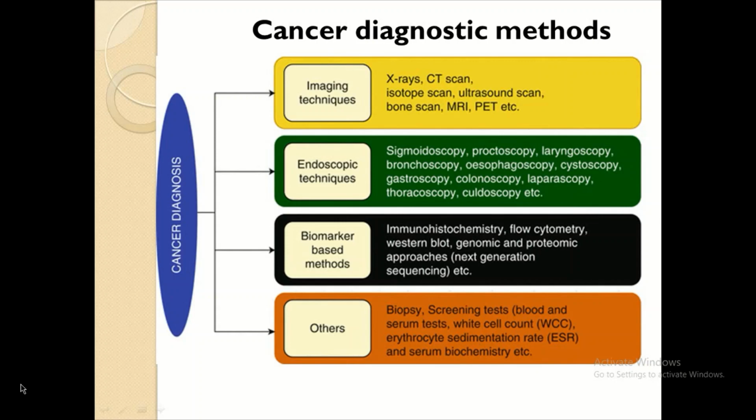To locate the cancer is very, very important. So that is where imaging techniques help you. The X-ray, CT scan, MRI and PET scan all help you locate where your tumor resides. We will see how these are done one by one.